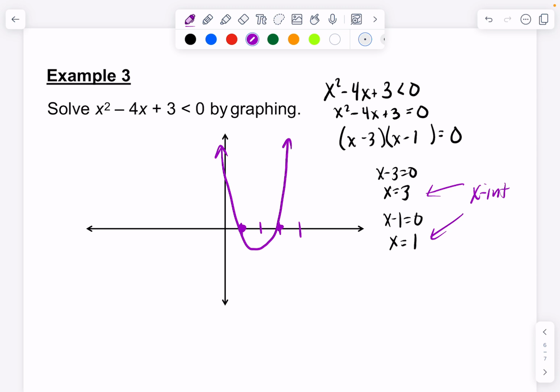Now I'm looking to see where this graph is less than 0. Well, 0 is right here.